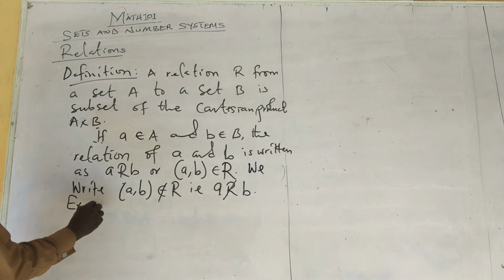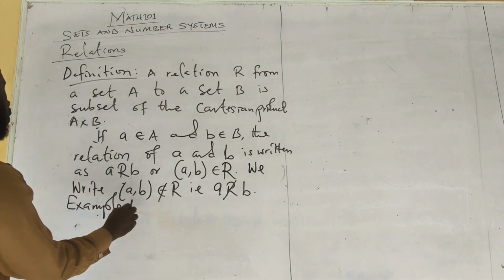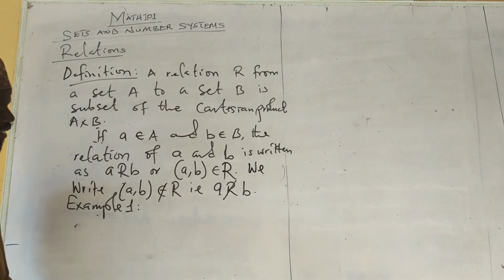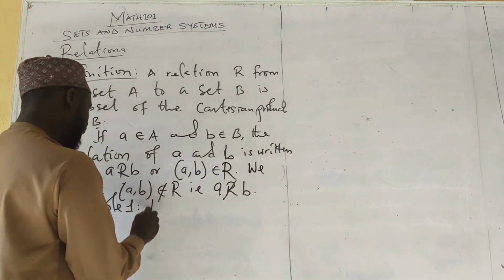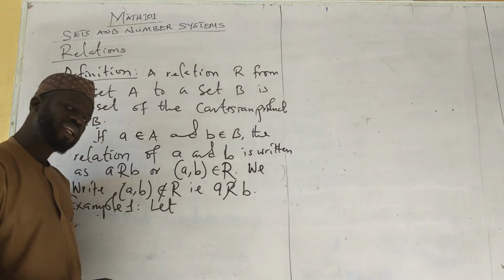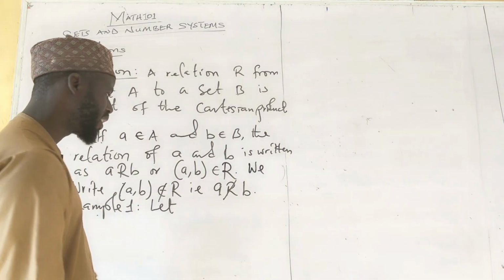The first example in this lecture: to define a relation, you have to know the set.